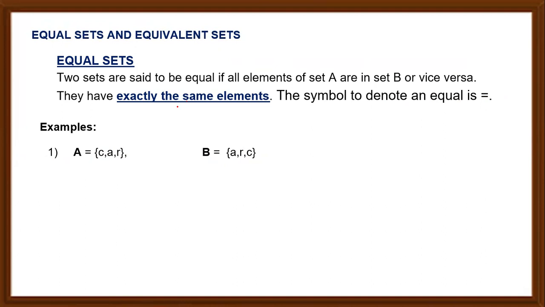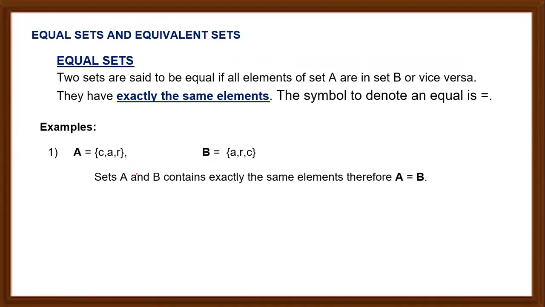So that is yes. Kasi meron siyang si A, meron din si B. Merong A, si A, meron din si B. Merong R, si A, same with the B. Ibig sabihin niyan, sets A and B contains exactly the same elements. Therefore, we can say that set A is equal to set B. Ganyan lang po yung answer natin.